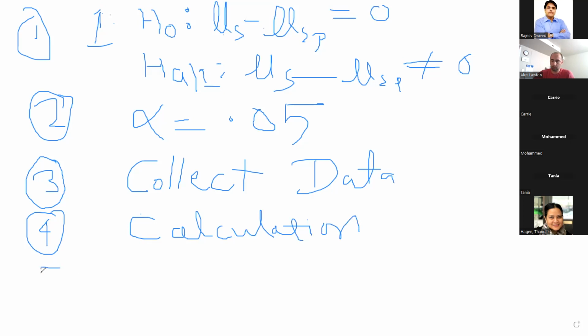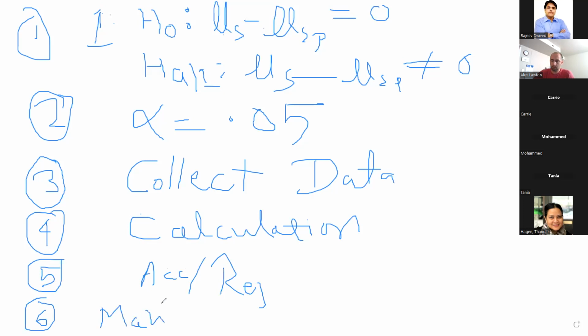And number 5, accept or reject the null hypothesis. Accept or reject. And number 6, make your conclusion and decision. Make your decision and you can draw the inference based on this.